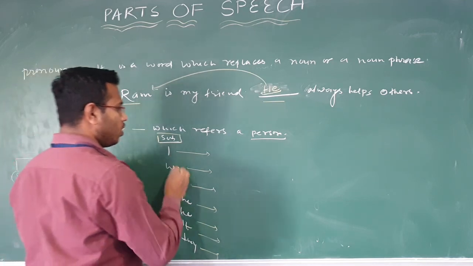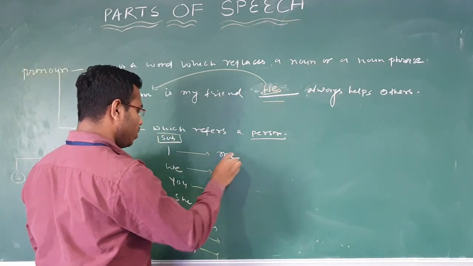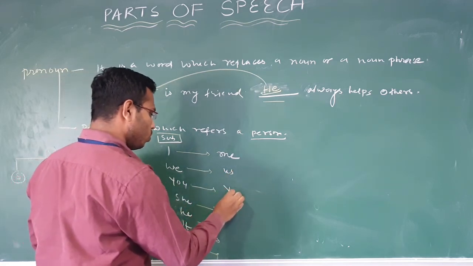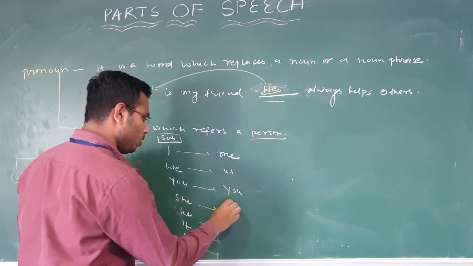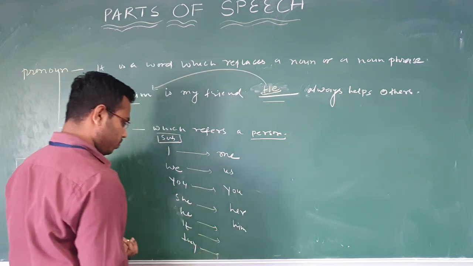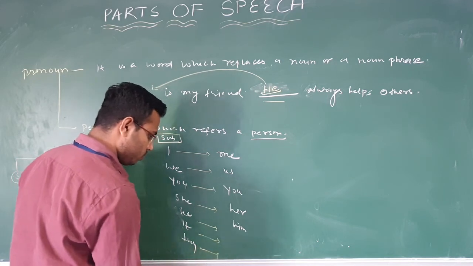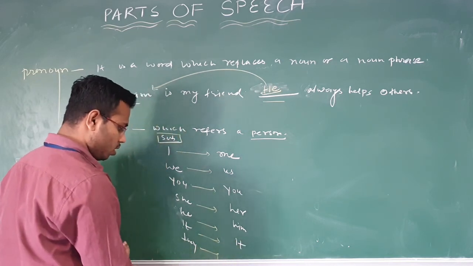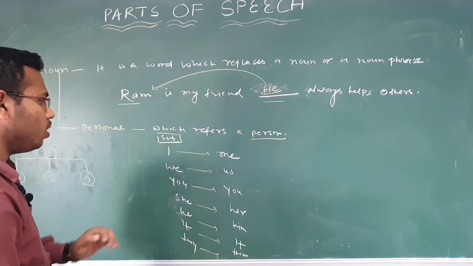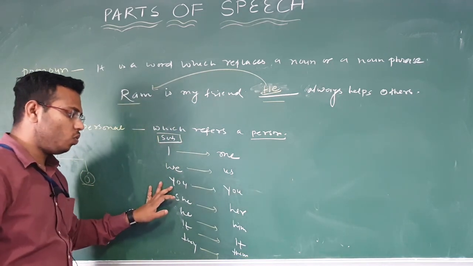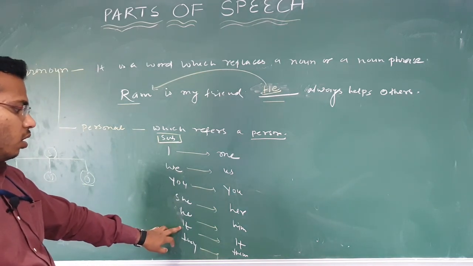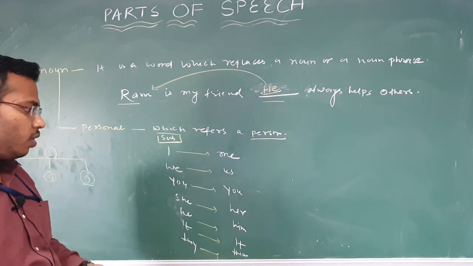So, we can say the objective case of I is me, we, us, you, she, her, he, him, it, they, them. I, me, we, us, you, she, her, he, him, it, they, them.